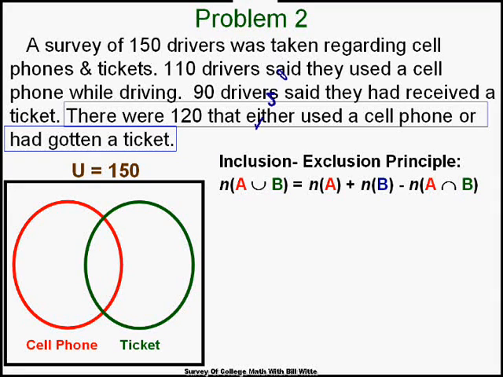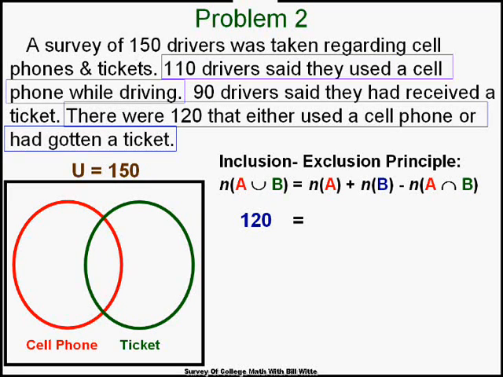Well, let's see. The union is 120. It's not what I want to know, but that's what it is. The number in A they gave me is 110, right? 110 said they used a cell phone. And they gave me the number for B. That's 90. They didn't give me the intersection, because that's what I want to know.